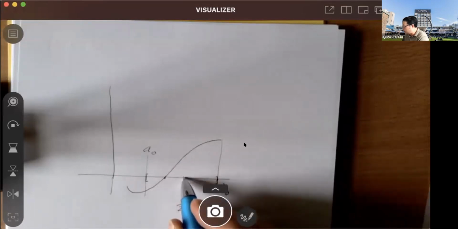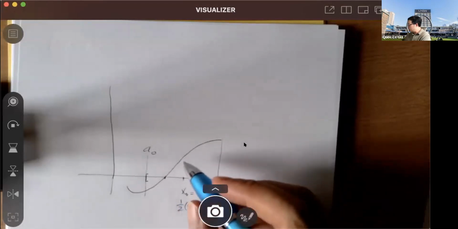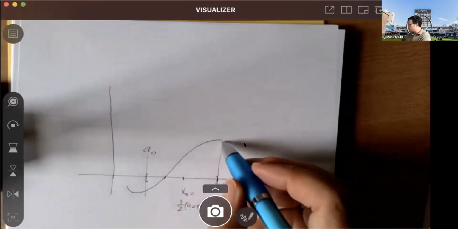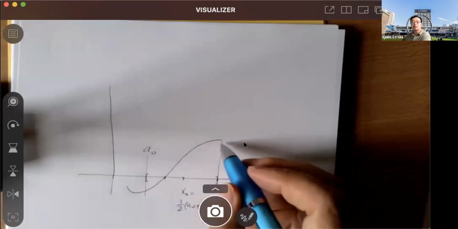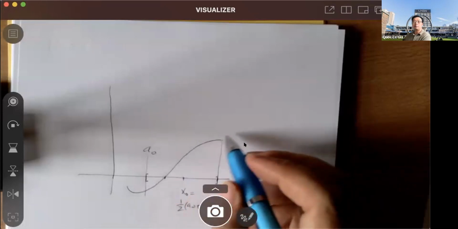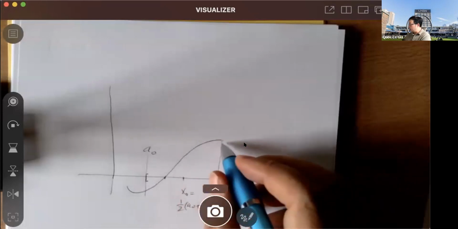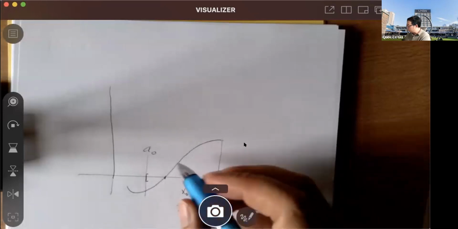Now you check. First we have to make sure that f(a0) and f(b0) have opposite signs, so when you multiply them, it should be a negative number, right? Then you find the midpoint and check again.